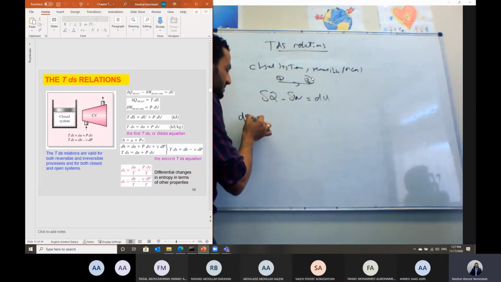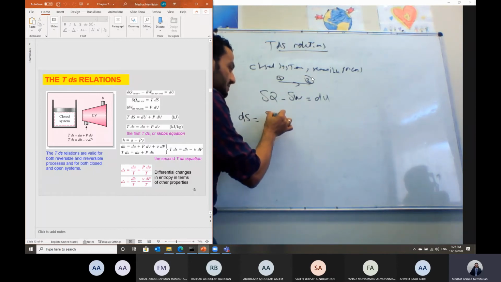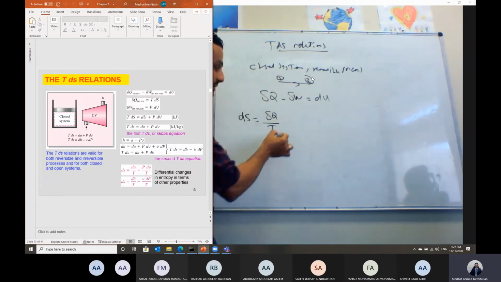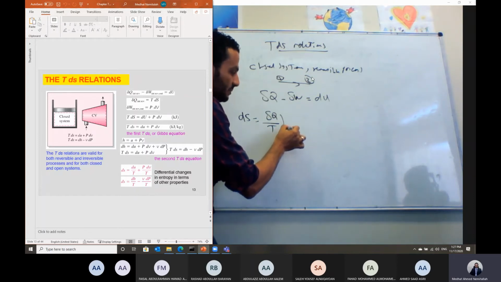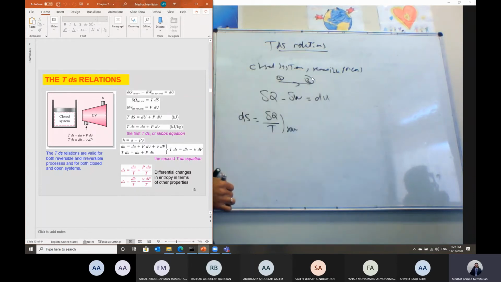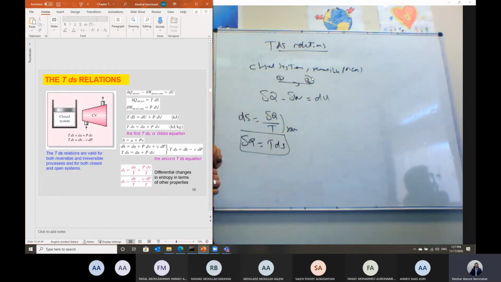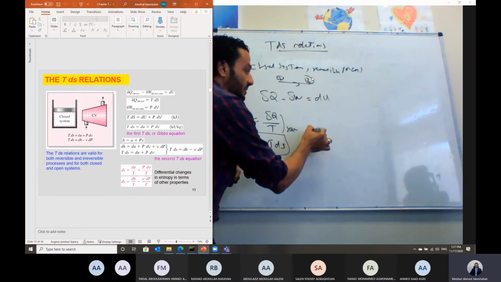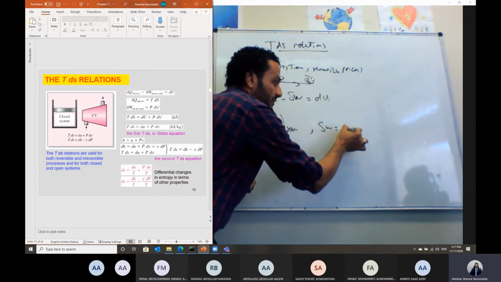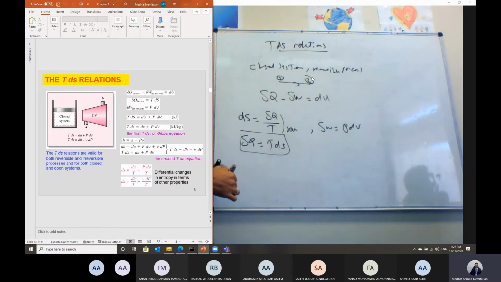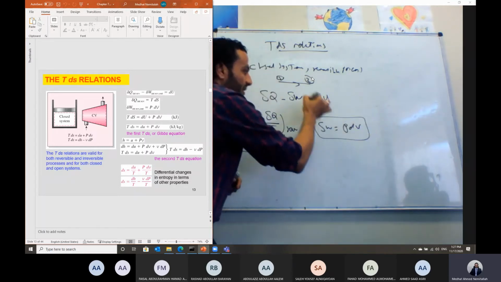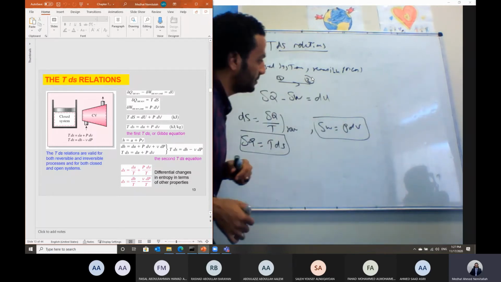But we have defined the entropy, dS is equal to delta Q over T, for a reversible process. The process here is reversible. So that means delta Q will equal what? Delta Q is equal to T dS. But for a closed system, we have delta W equal to what? Equal to P dV. So we can take those two relations and substitute here.